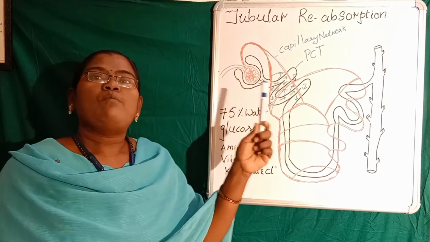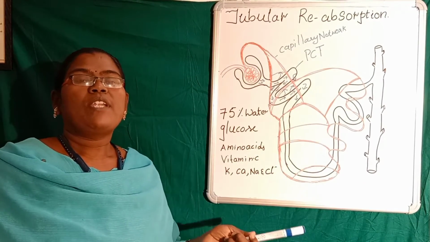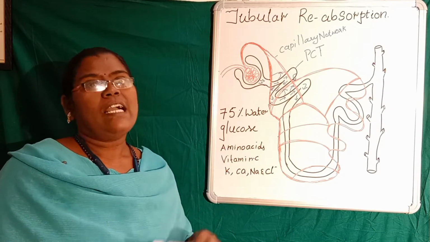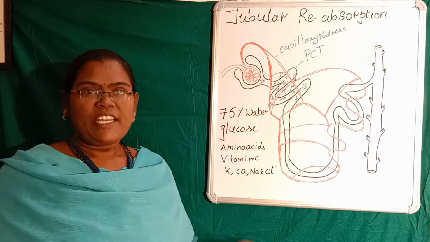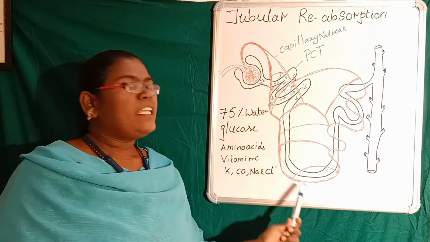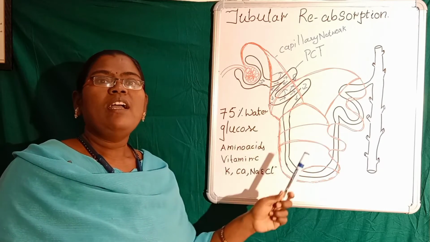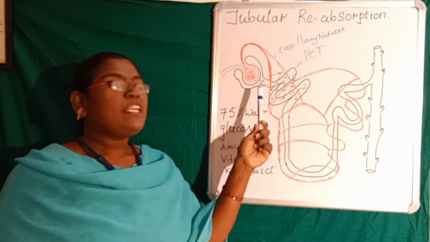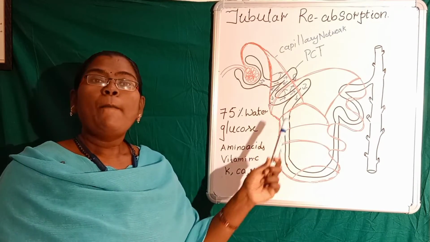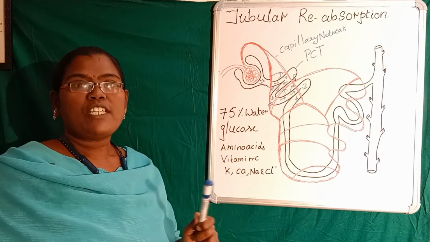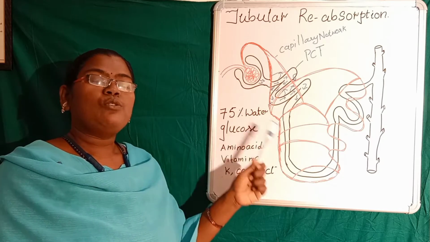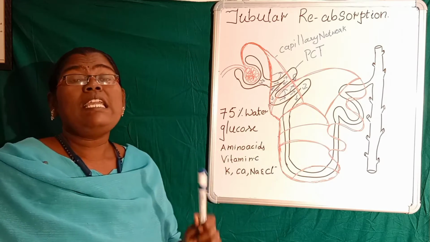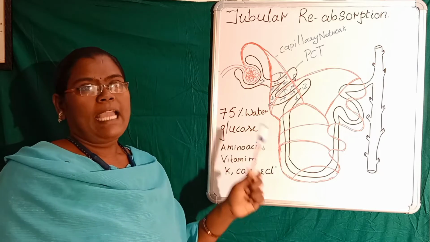In tubular reabsorption, the useful content from the primary urine is reabsorbed into the pericapillary network. We all know that the entire renal tubule is covered with a pericapillary network. Here the primary urine passes through the PCT, the proximal convoluted tube, and the useful substances are reabsorbed into the blood capillaries.